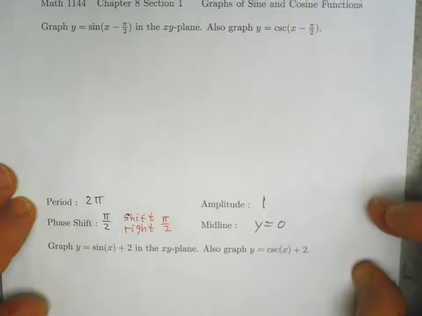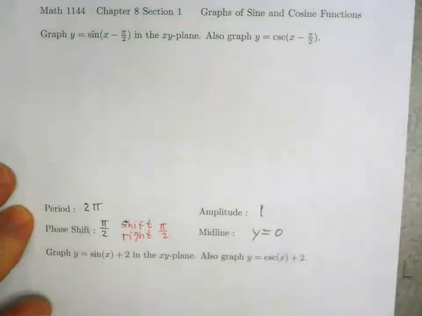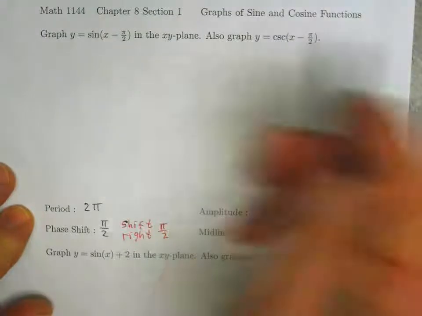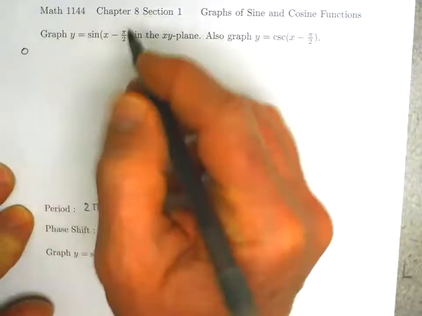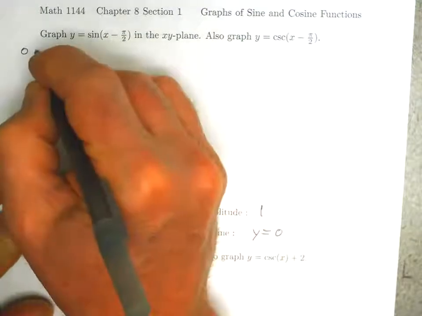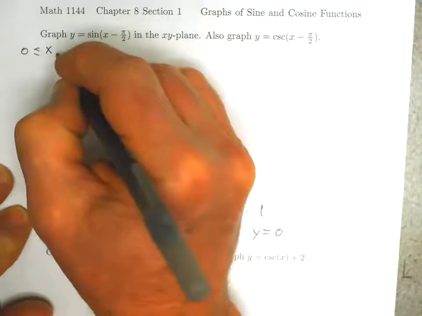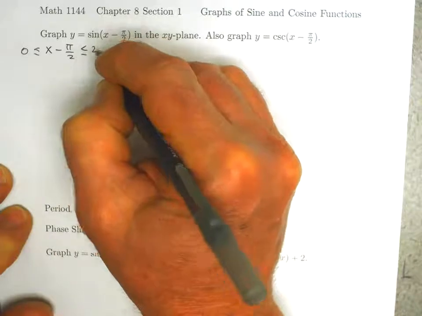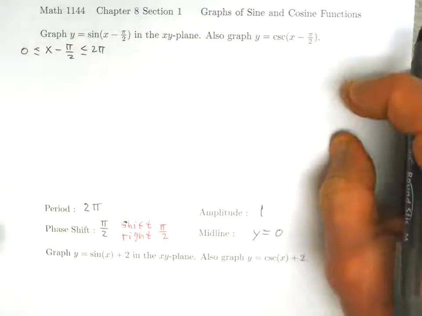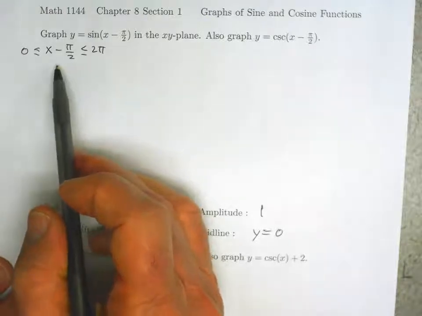Okay, that other technique for finding both the period and the phase shift, we'll do that here again. So these values, x minus pi over 2, those values are between 0 and 2 pi for one period. And then we solve this inequality for x.